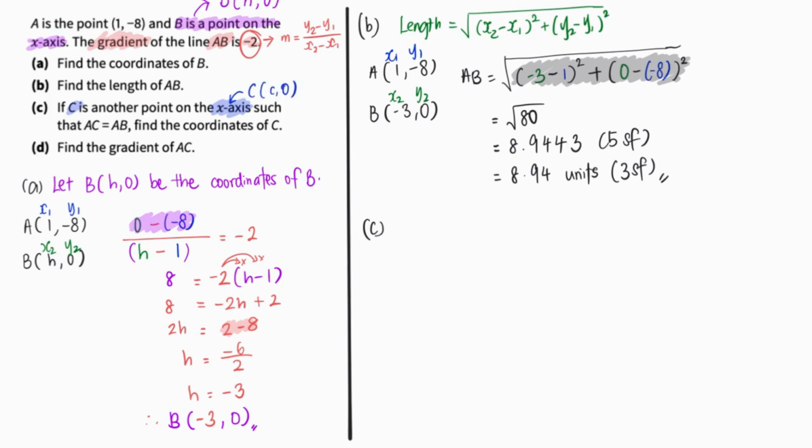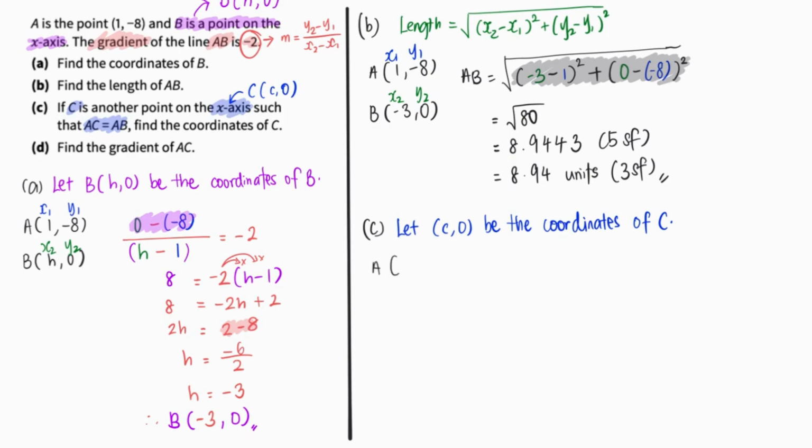Also they tell me another piece of information, that AC equals to AB. So with that in mind, step 1, we are going to let C, 0 be the coordinates of C. And I'm going to just find the AC because I already know AB from part B, right?